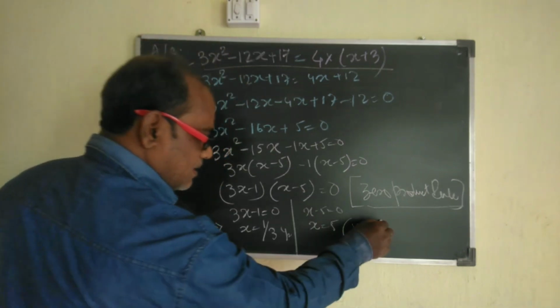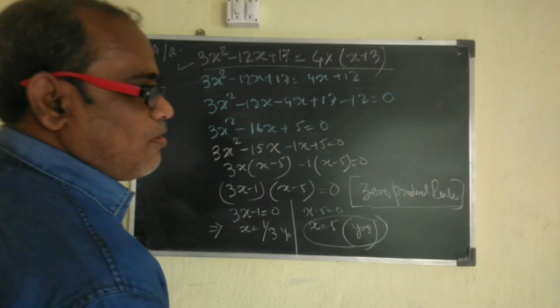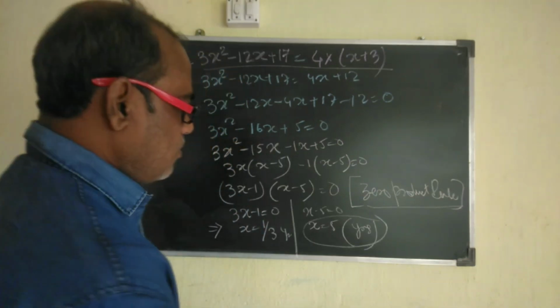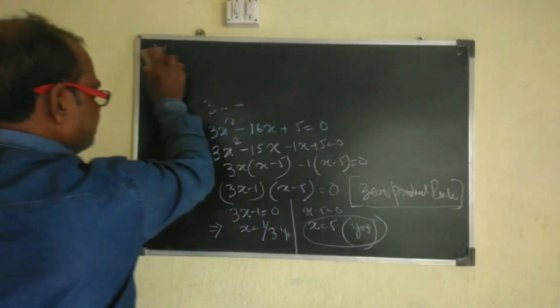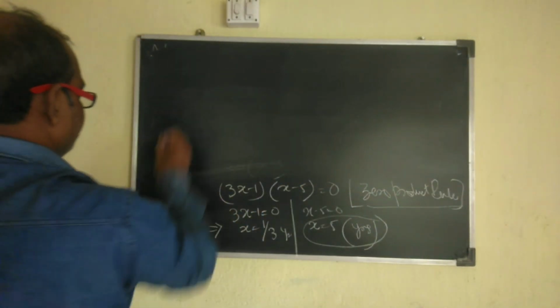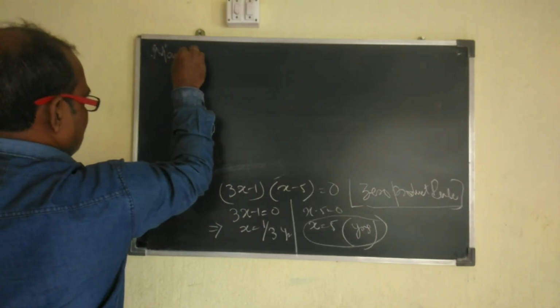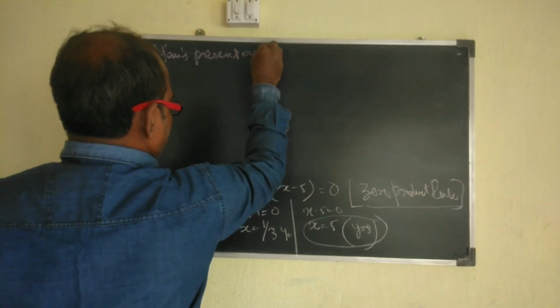So considering this, x is equal to 5, here x is the age of the son. So the present age of the father will be the man's present age.